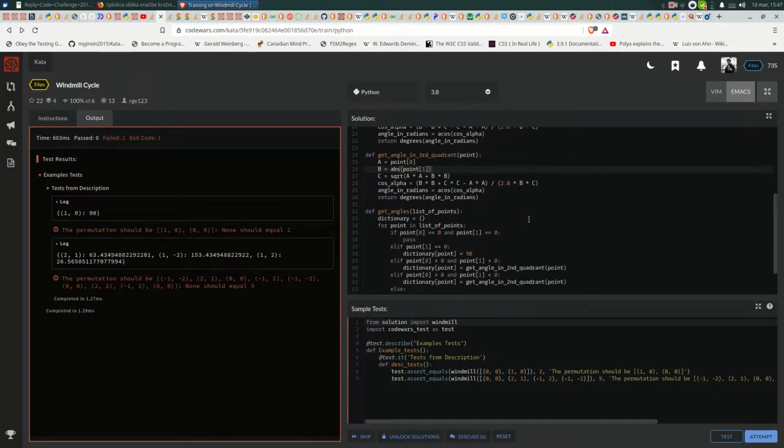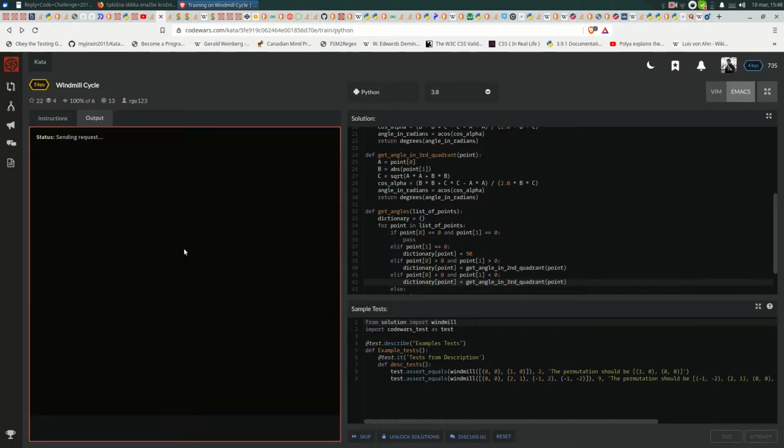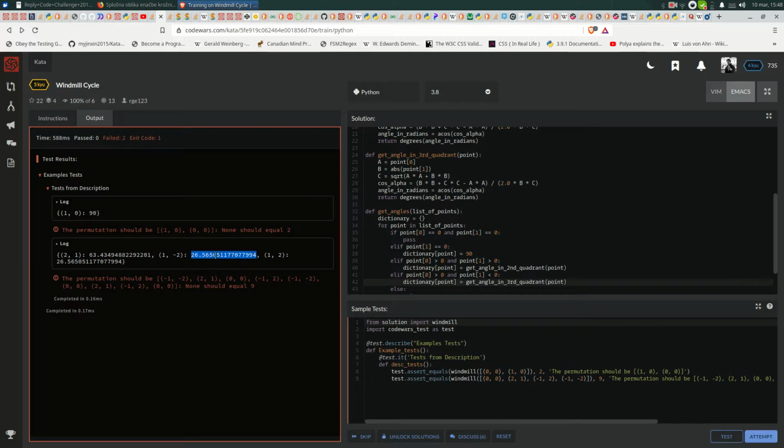Get angle in the third quadrant. So this should be now different. All right. It's now 26. And return degrees and 180 minus that.